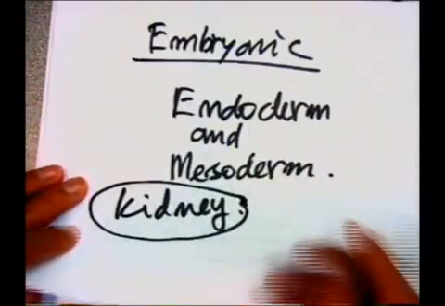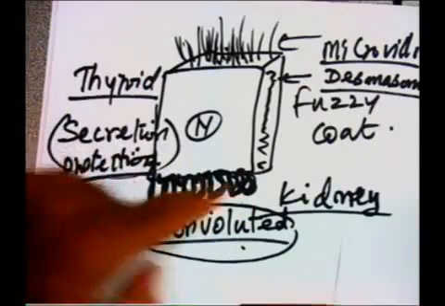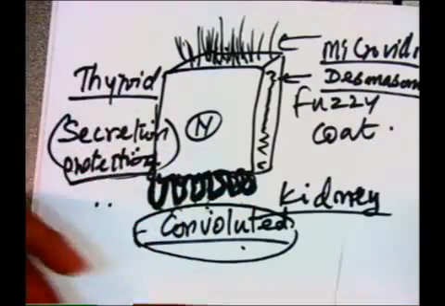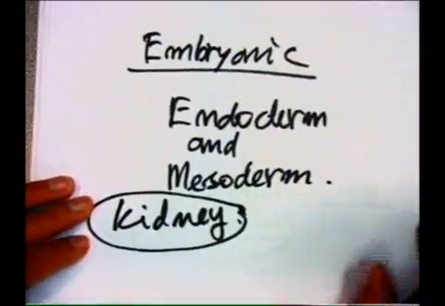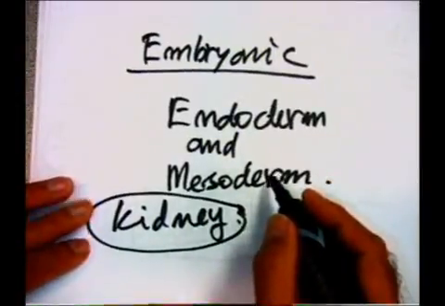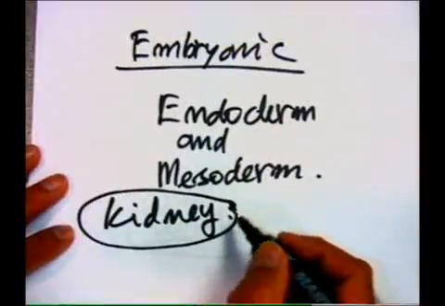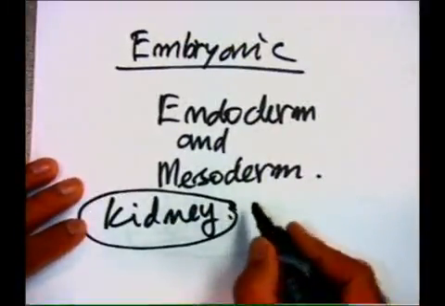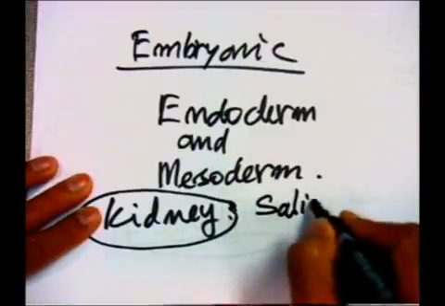So these cells are adapted in such a way that in the convoluted tubules, they absorb and then excrete the compound. So the main function of this simple cuboidal epithelium is secretion as well as excretion in the kidney. Also, it is present in salivary gland.